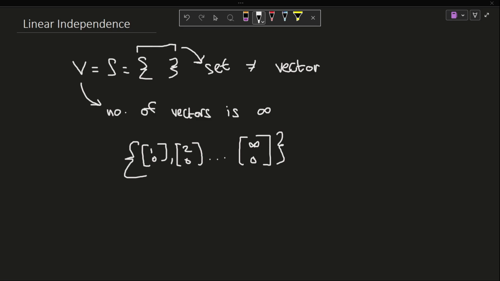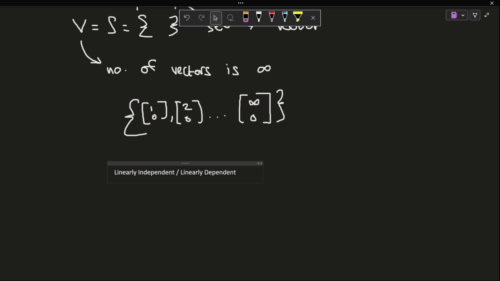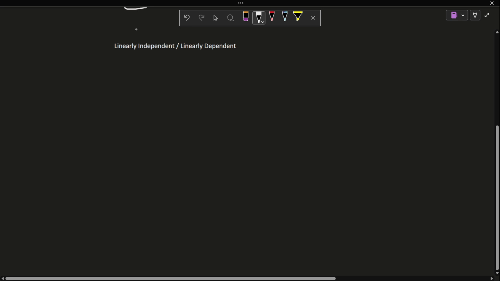So what makes a set of vectors either linearly independent or linearly dependent? Let's say a set of vectors v1, v2, all the way to vn.